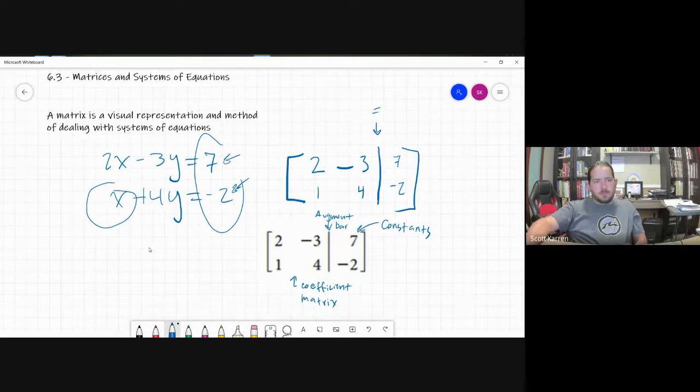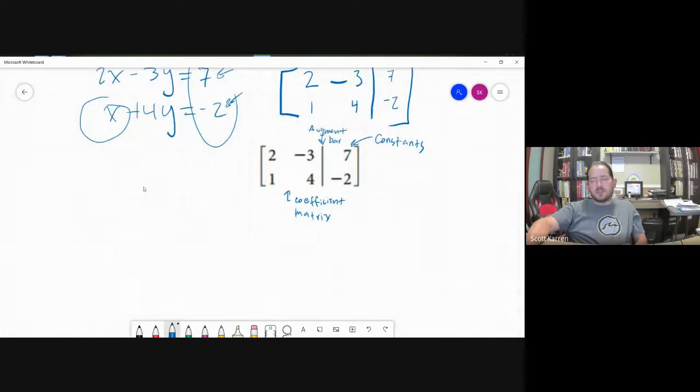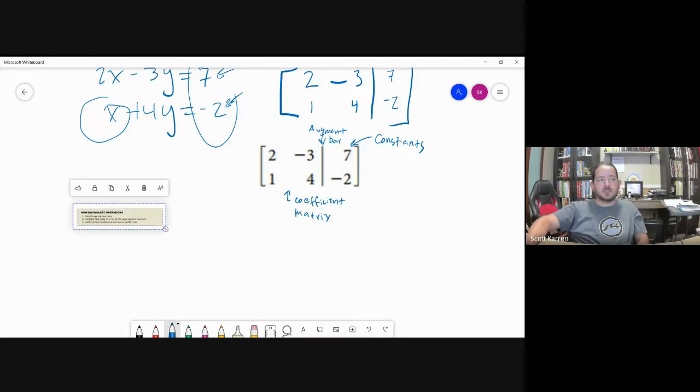So what we're going to do with these matrices is go through and solve systems, right? And so we need to know what we can do with a matrix in order to actually solve something. And so we have essentially these operations that we can do, and this is more or less what we did in the last section or two.